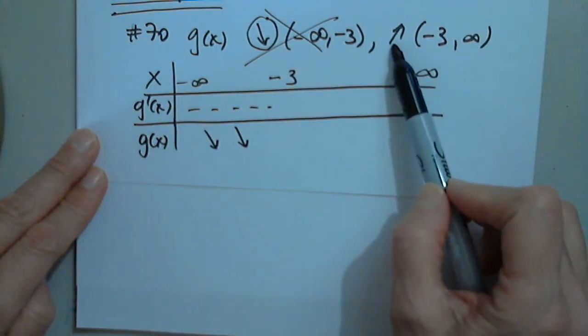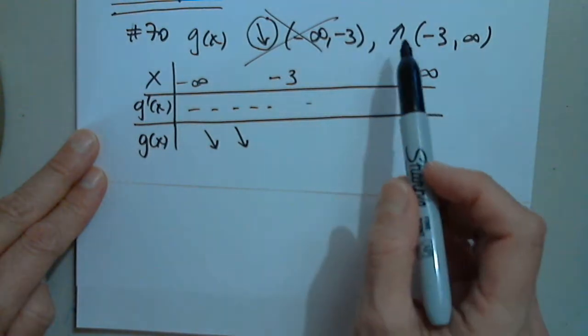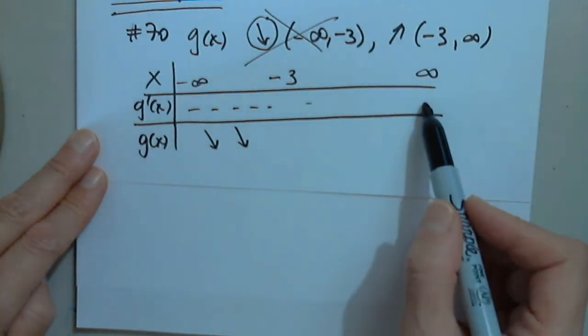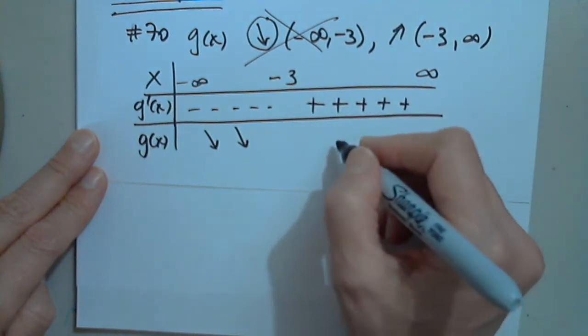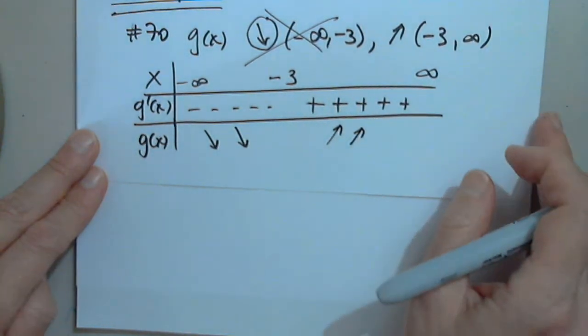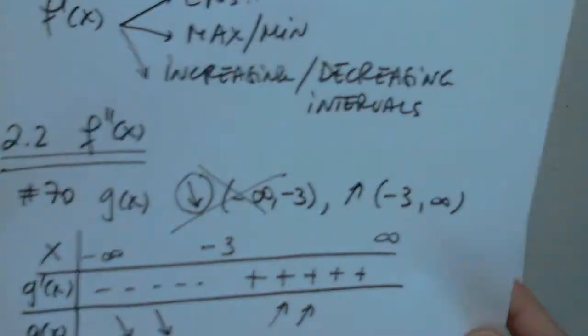Then the function is increasing between -3 and infinity. What is the sign of the derivative if the function is increasing? Positive. Thank you very much. So then the function is increasing. Good. So they're not telling us what to do with this. We will decide. If you want to make it undefined, you can make it undefined.